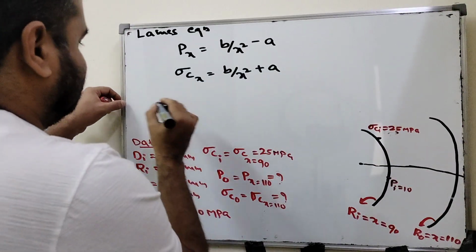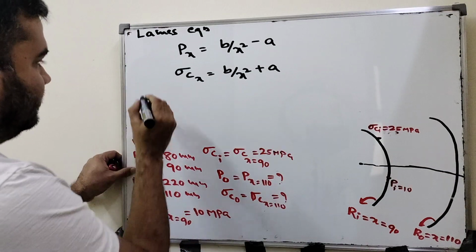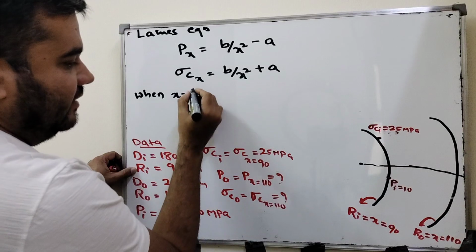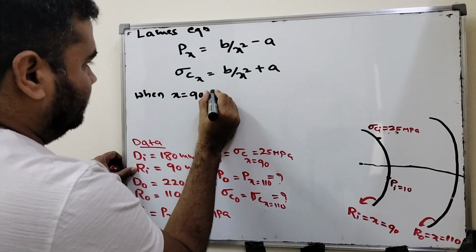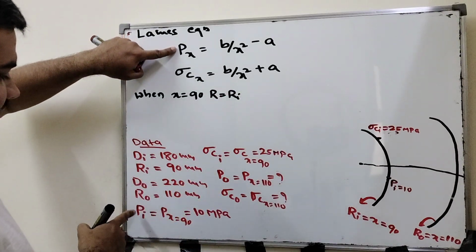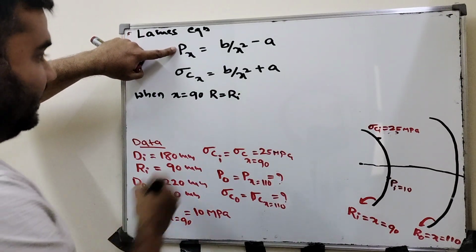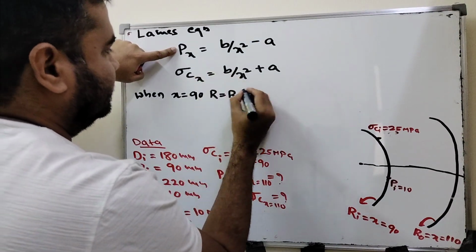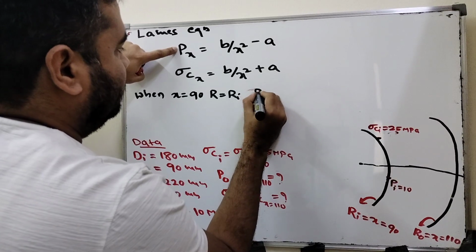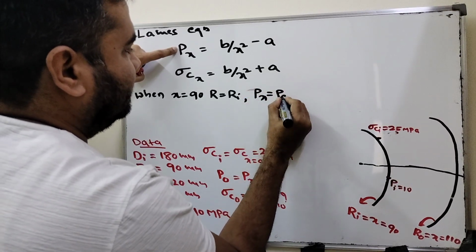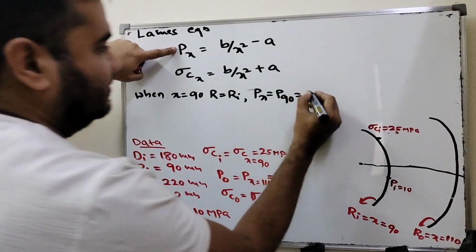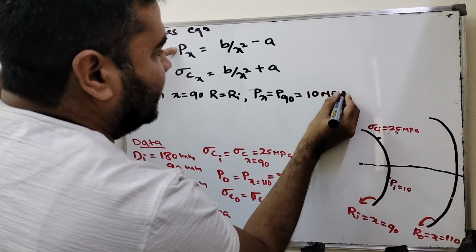First apply when x equal to 90, that is R equal to Ri, and the pressure P equal to Px equal to P at 90 is given as 10 MPa. This is one boundary condition.